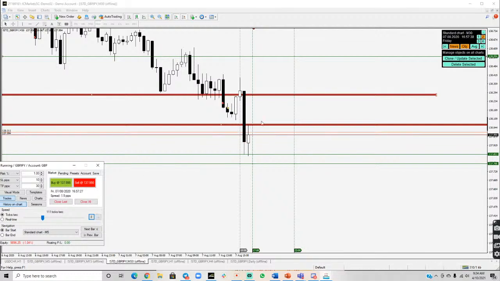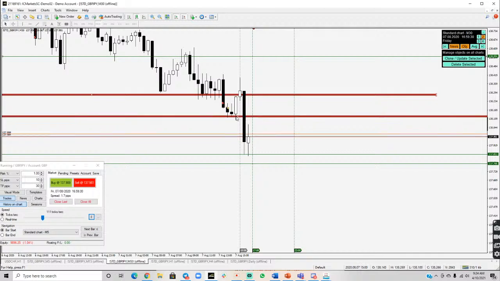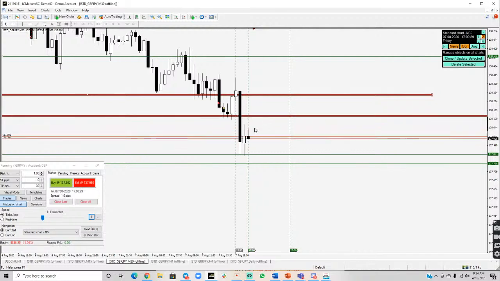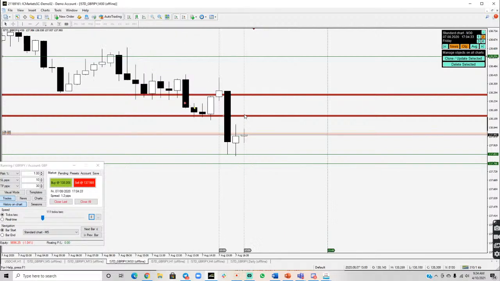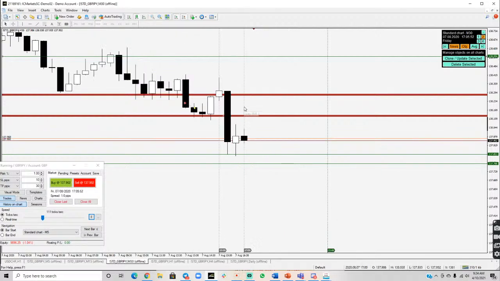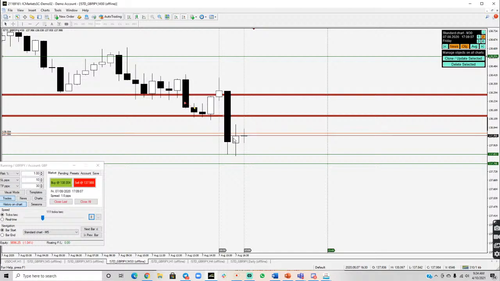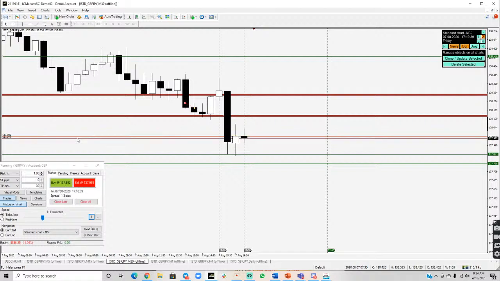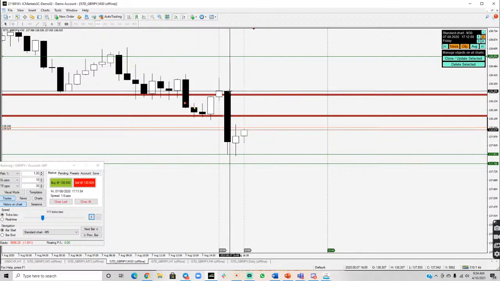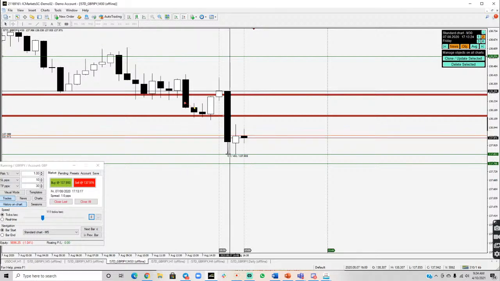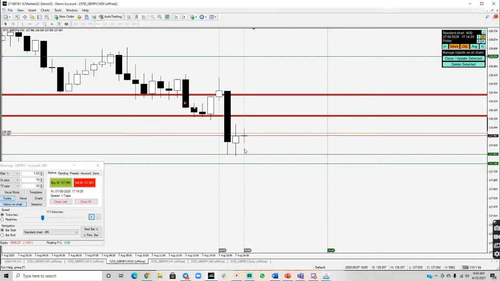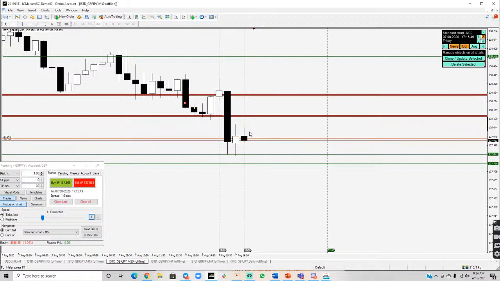Like it retested the area, but still don't like the idea. This move was a 40 pip move, 45 pips. That was a lot of volume.